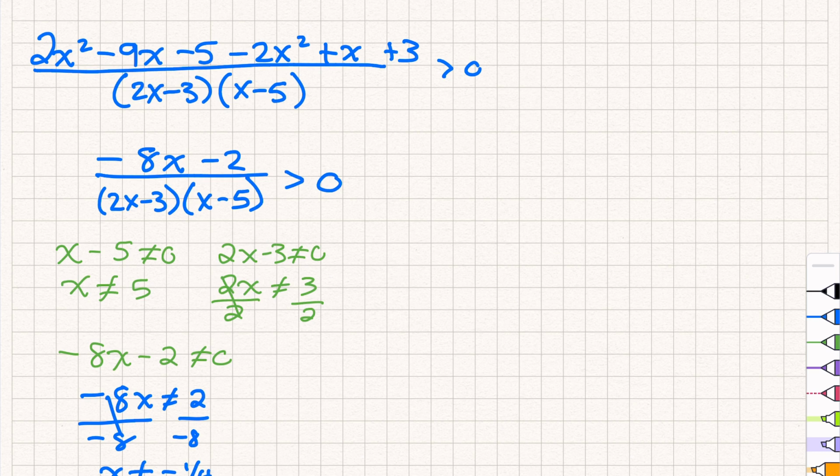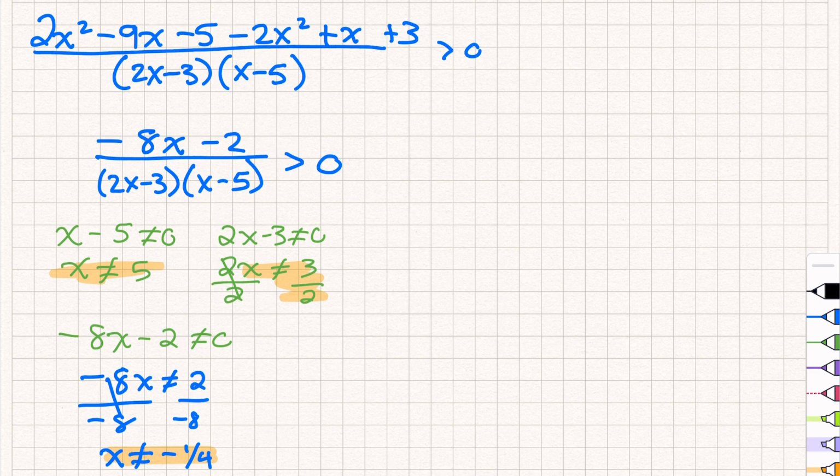So our critical numbers are here. And we're going to make our chart now. For our critical numbers, we need to make sure they're in order. So the first one is when x is negative 1 over 4. It's going to be 0. We have to check when it's less than.